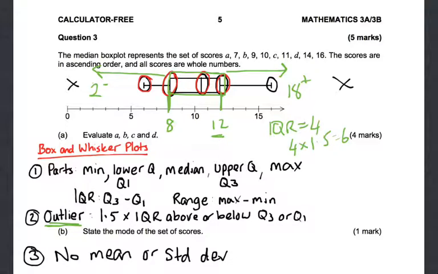So if the question says comment on the distribution or something like that, don't mention the words mean or standard deviation, because the marker will look at your paper and go, this person knows nothing. Okay, so be very careful. Only mention things like medians, minimums, these things up here, the parts of your graph. Okay, they're the things you can look at, but not mean or standard deviation. They're not mentioned in a box and whisker plot.